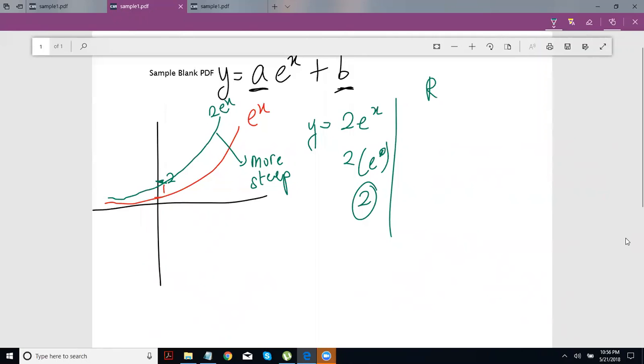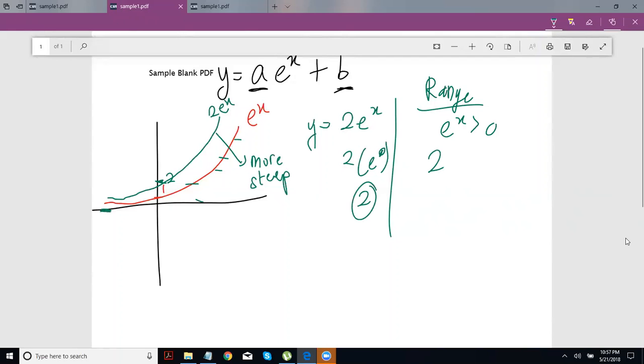Anyhow, so the range of values, if you think about it, your exponential is valid as long as it doesn't touch your x-axis. So for e power x, it has to be greater than 0. I mean, because e power x is basically y, right? Is the y value. So whatever output you're getting from e power x, it has to be greater than 0. It can't be equal to 0, because that would mean touching the x-axis, like here. It always has to be in places that are greater than 0.